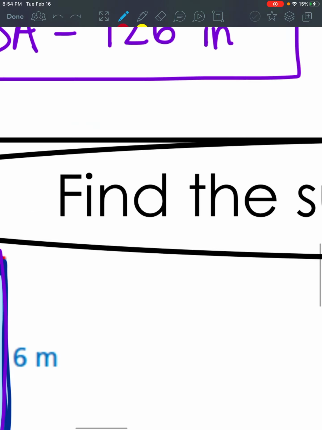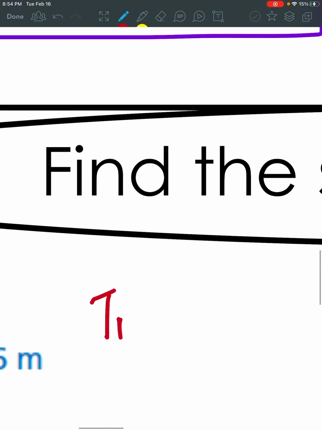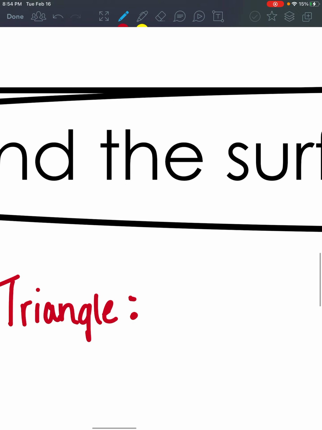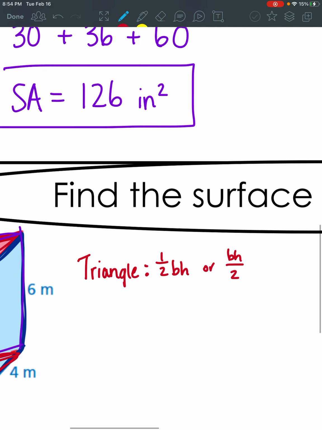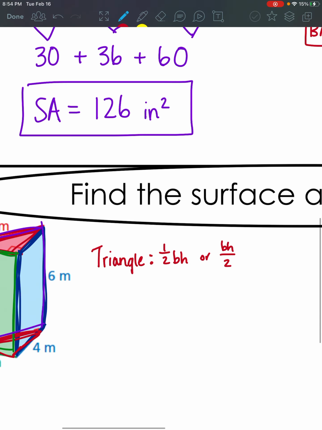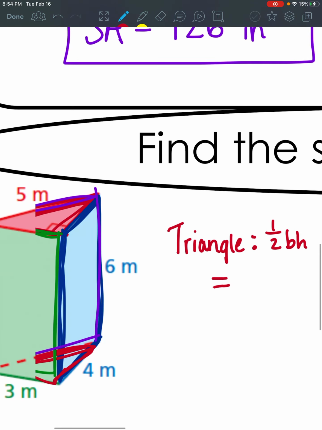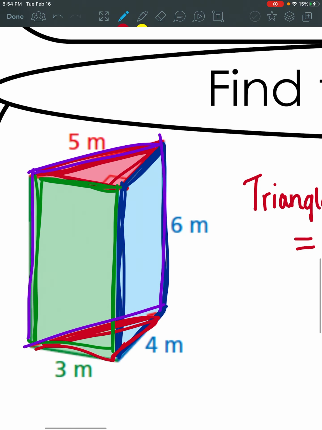So let's start with the triangles. So the area formula for a triangle is either 1/2 times base times height, or you can find the base times height and divide it by 2. Now, there are 2 triangles, so we're actually going to have to multiply this by 2. So you always want to look for that right angle in your triangle.